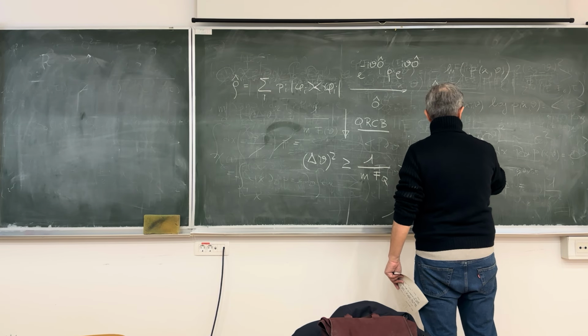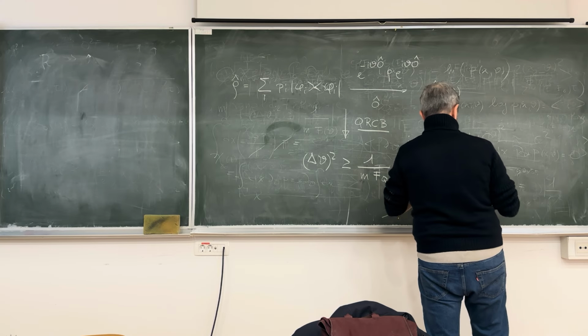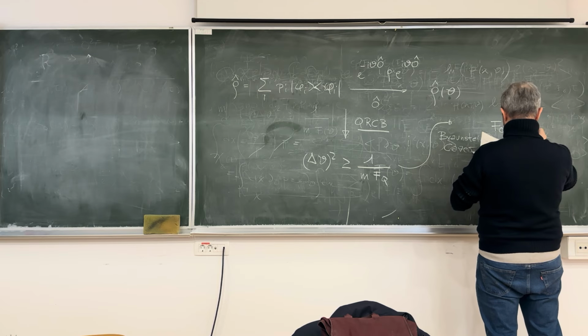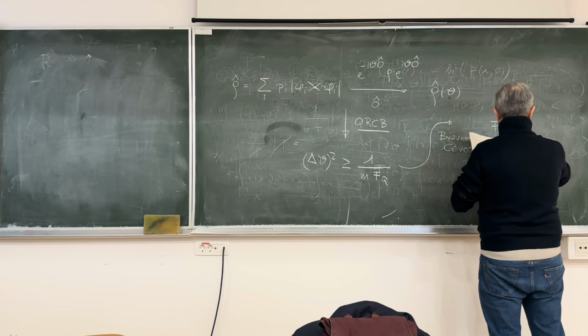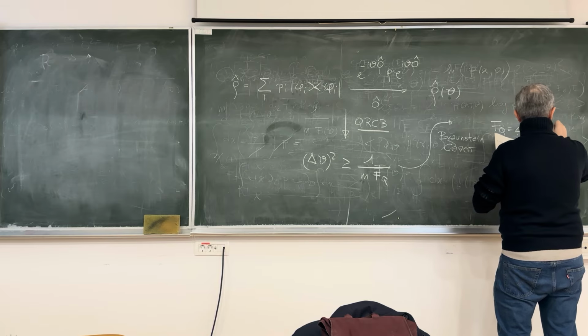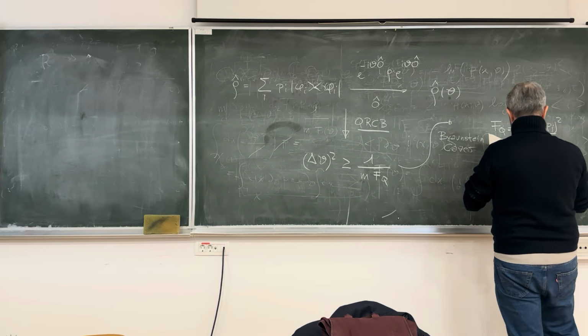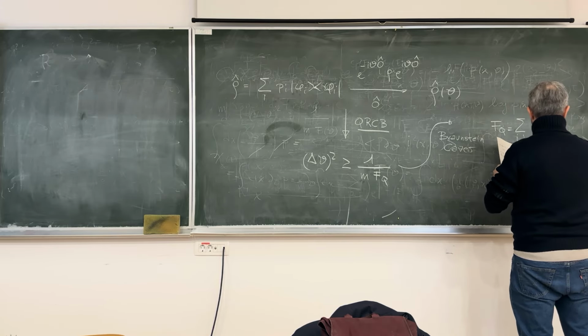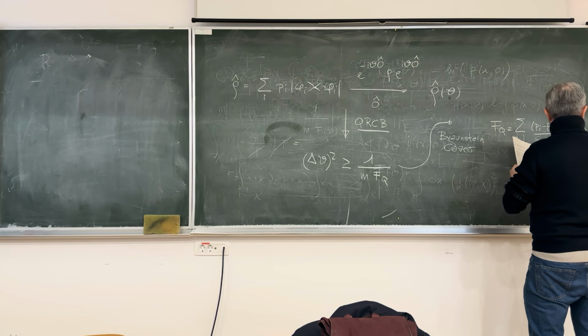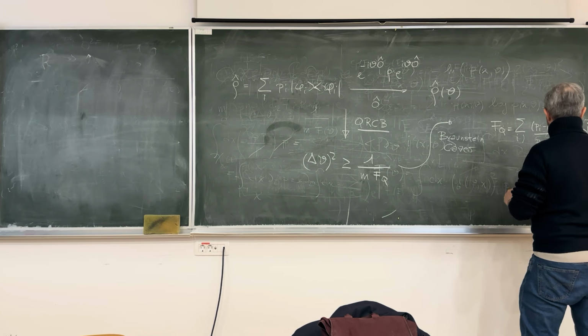and Caves, that is F of Q equal to the sum over i and j of minus p_j squared divided by p_i plus p_j times the modulus of i|O|j squared.